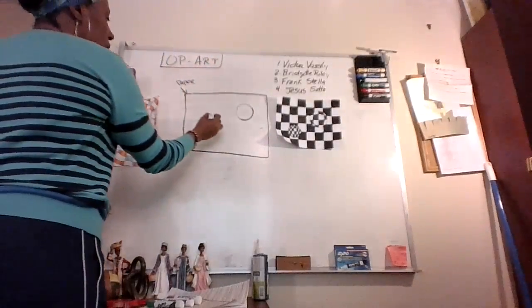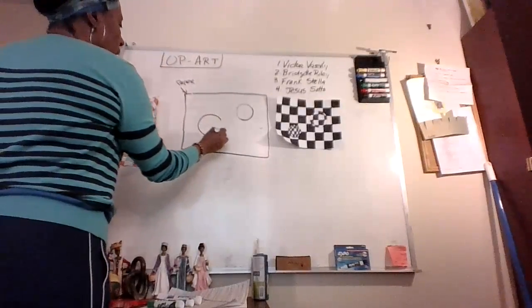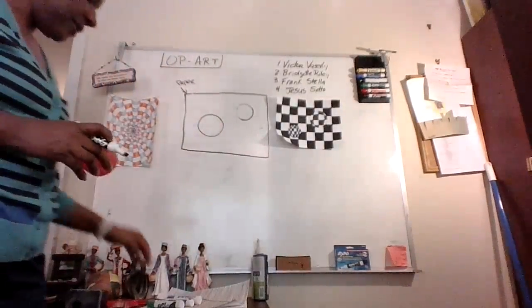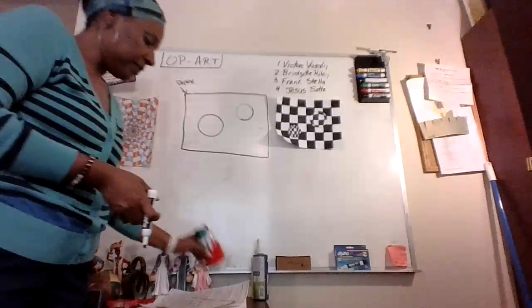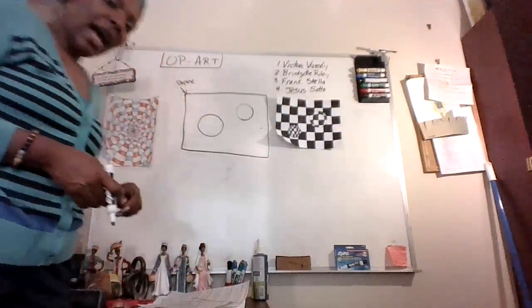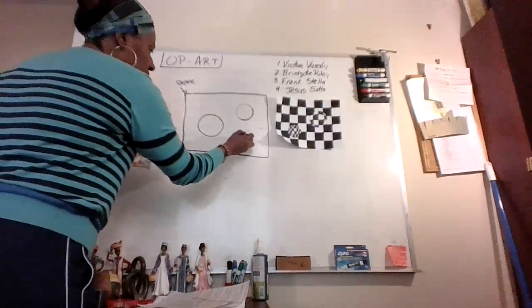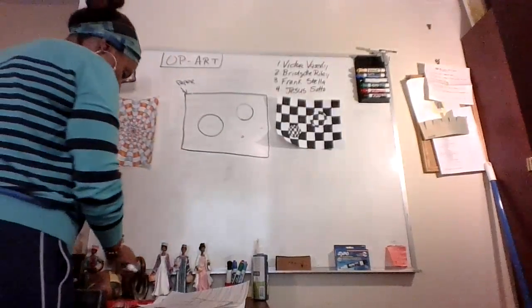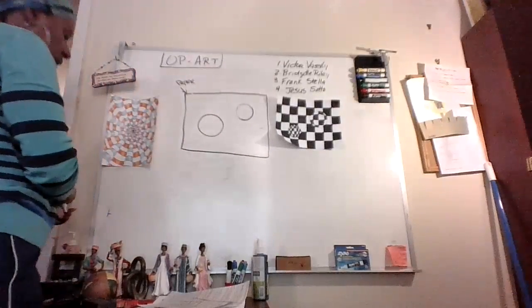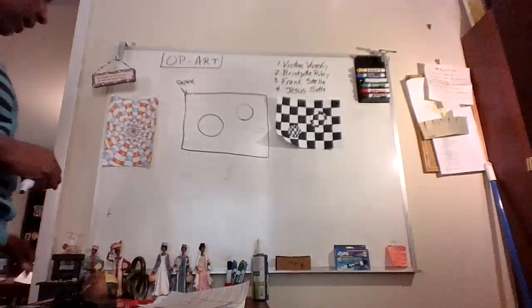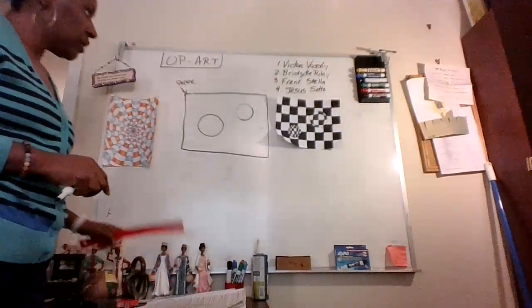So that's one circle. This is going to be my other circle. It doesn't matter if the circles are really big or small. I did one small and one big one. I just don't want itty bitty teeny tiny circles. I need them to be big enough where you can do the optical illusion art on the actual circle.